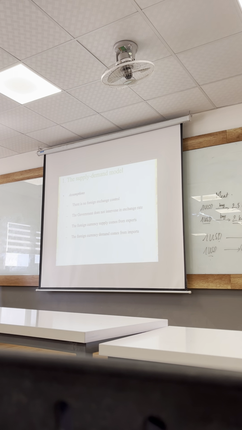Even though we know that the demand and supply of foreign currency can arise from many sources, in this model we just consider supply and demand coming from export and import of commodities. So this is very simple, guys, and I think you will understand easily.